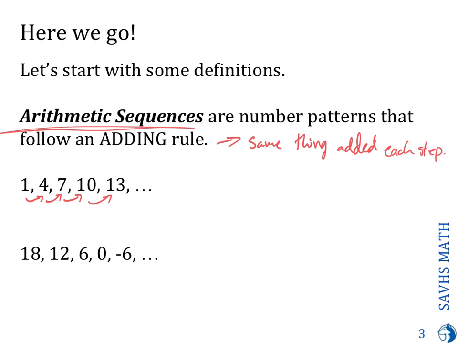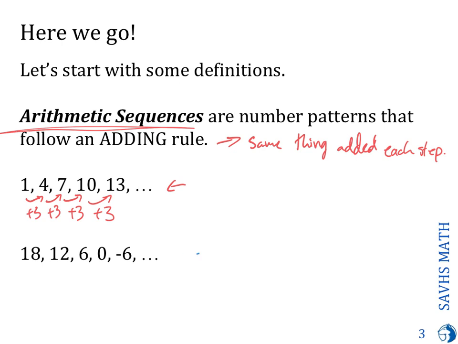So what is the thing that we are adding each step in this first example right here? We are adding 3 each step. So the thing that we're adding is 3. Because it's the same each time, that makes this an arithmetic sequence.